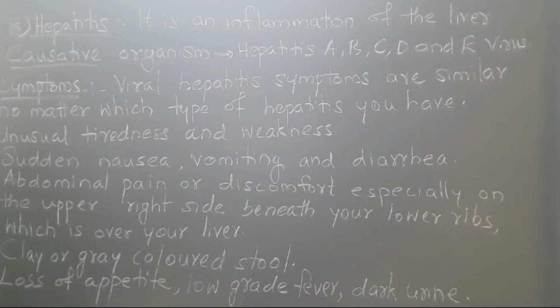Unusual tiredness and weakness, sudden nausea, vomiting and diarrhea, abdominal pain or discomfort, especially on the upper right side, beneath your lower ribs, which is over your liver. Clay or grey colored stool: if you have hepatitis, then your motion will be clay or grey colored. Then loss of appetite, low grade fever and dark urine. These are the symptoms of hepatitis.